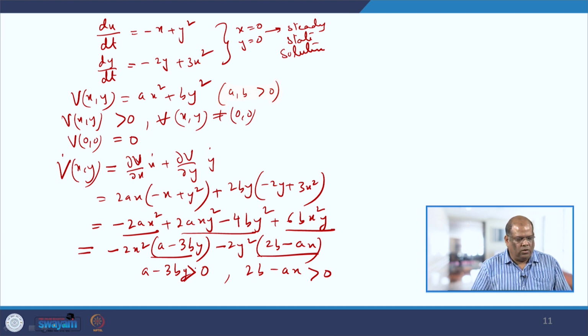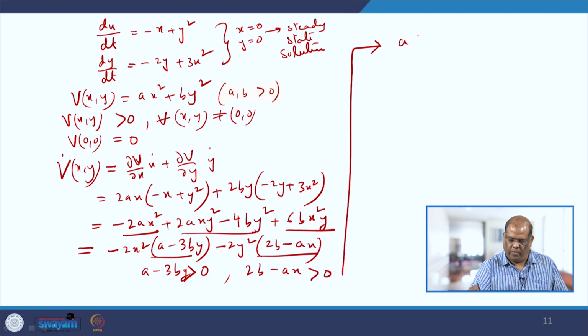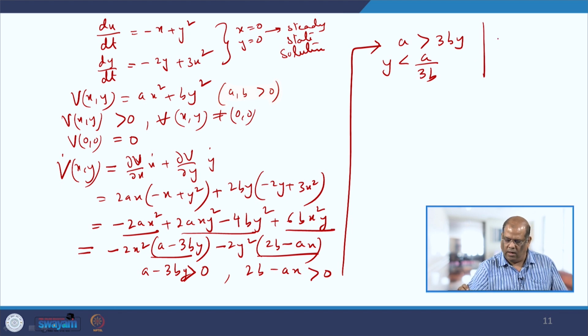So, the condition becomes a should be greater than 3by, and y should be less than a by 3b. Similarly, 2b minus ax is greater than 0, 2b must be greater than ax and x should be less than 2b by a.